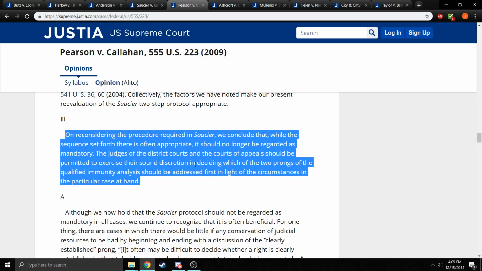Pearson says you could do those out of order, and you could maybe consider other things as well. So you don't have to just stick with those two things right at the top. You can mix and match the order and maybe add in other things.